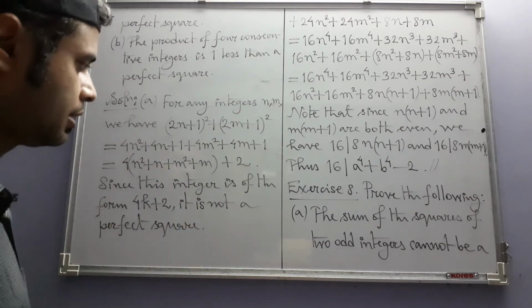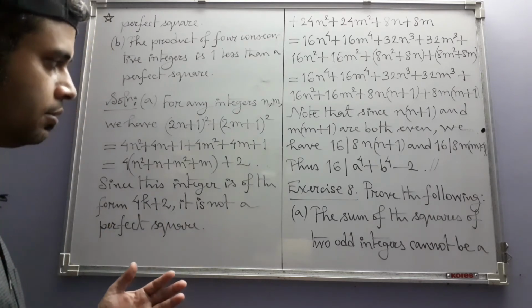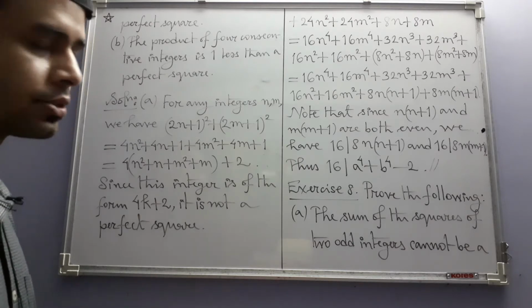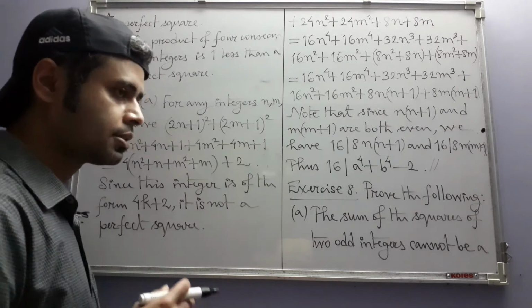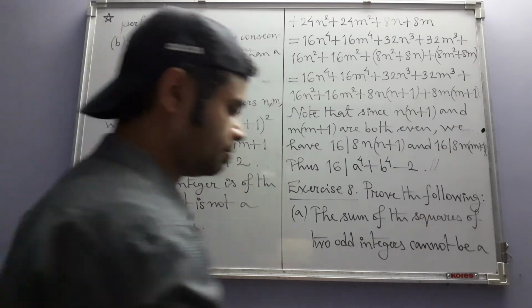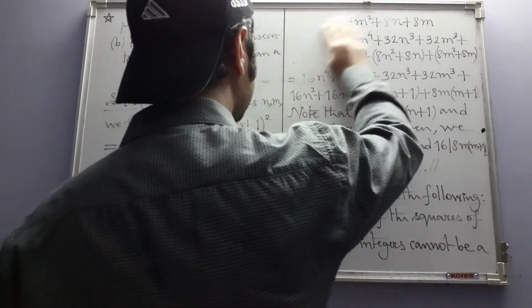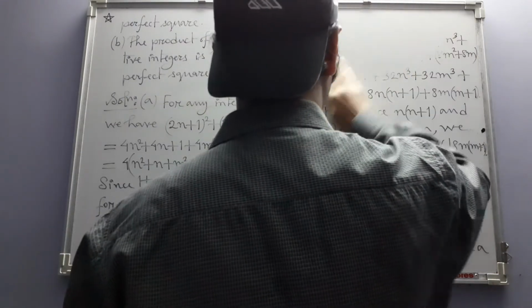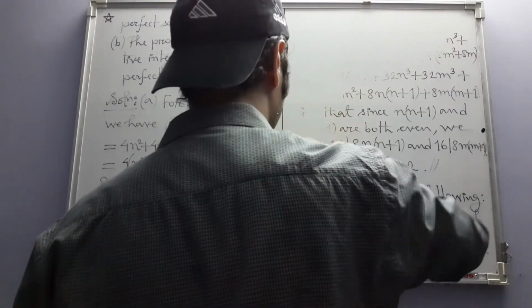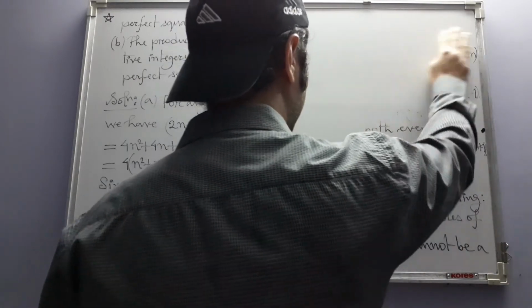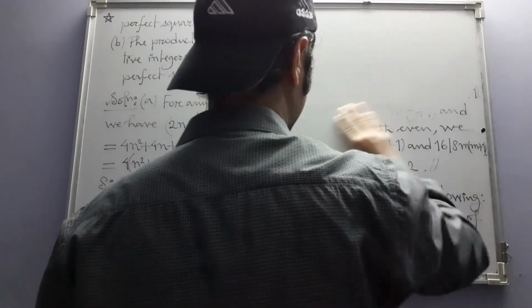If you are wondering why that is so, recall, what is a perfect square? Perfect square is the square of an integer. Now, an integer is either even or odd. So accordingly, if you take the square of an integer, it will be of these two forms.